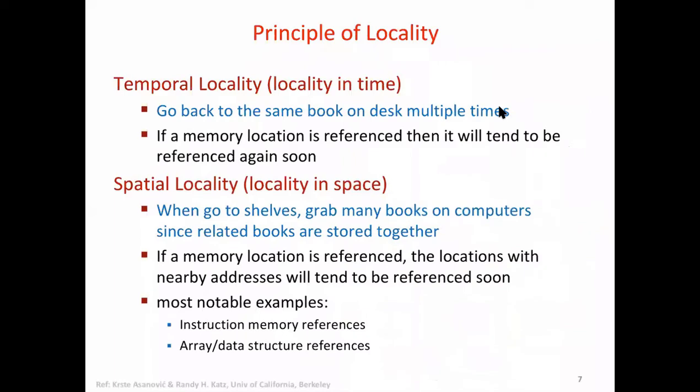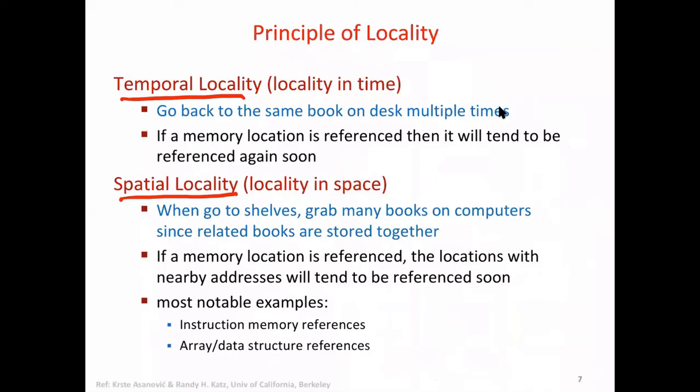All this is useful if the program has locality, in the sense that if we are executing a loop or a normal program, then it has either temporal locality, that is in time, the same instruction or same data is reused, or spatial locality. It means one instruction after another, or one data element after another, in adjacent locations.